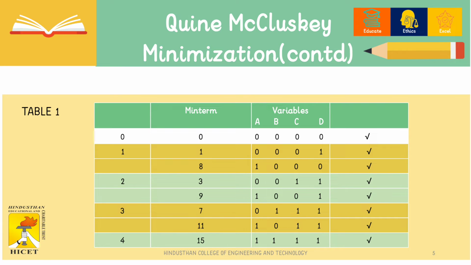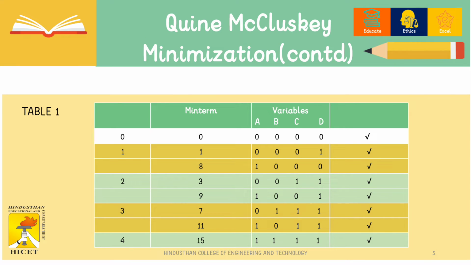So the minterms are grouped according to the number of zeros. So the first group 0, it contains minterms with 4 zeros. Given in the problem only 0 comes under this category. So we take minterm 0 alone for group 0. Coming to the next group 1, this group consists of 3 zeros and minterms 1 and 8 come under this category.